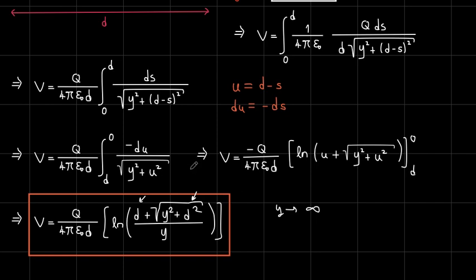So if we ignore those, we get in parentheses y divided by y, which is equal to 1. And again, ln of 1 is equal to 0. So potential goes to 0 as y goes to infinity. In other words, if point B is really far from the rod, the potential at point B becomes equal to 0 as expected.